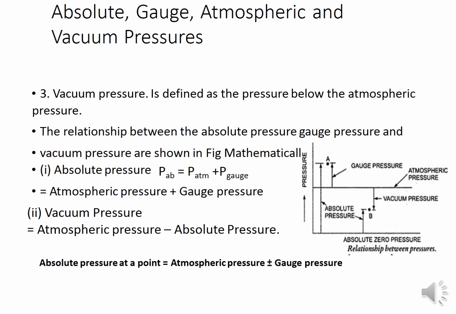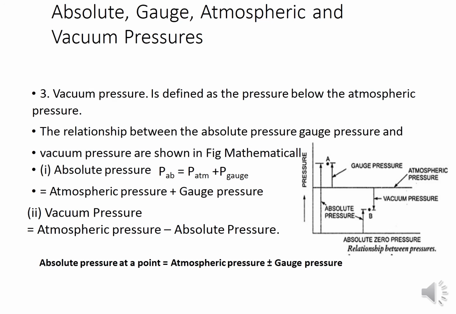Here in this graph you can define based on that also. So what is atmospheric pressure? Below the atmospheric pressure is absolute pressure minus gauge pressure. What is absolute pressure?